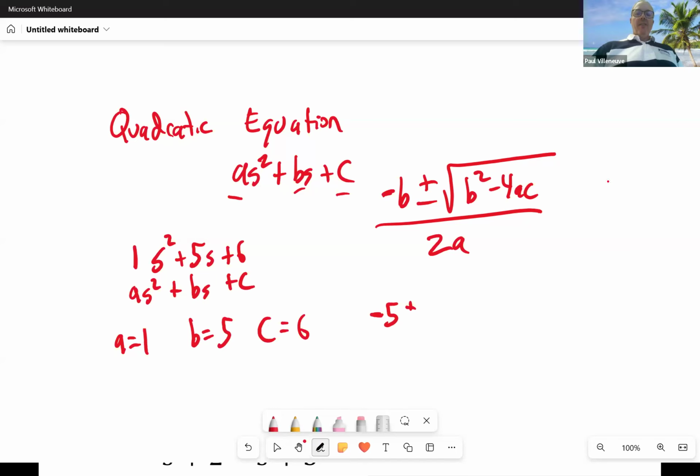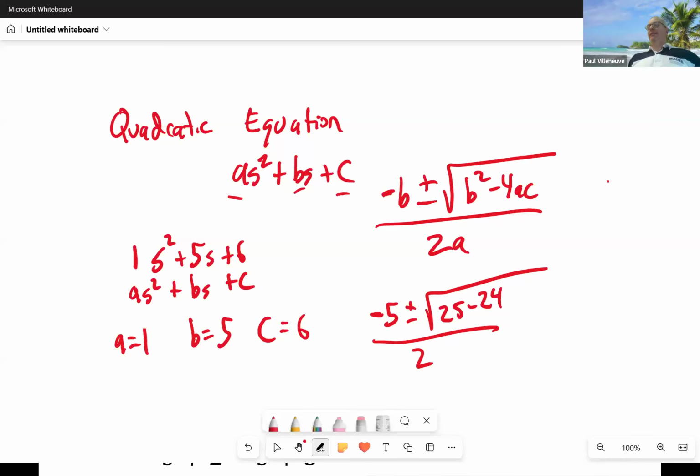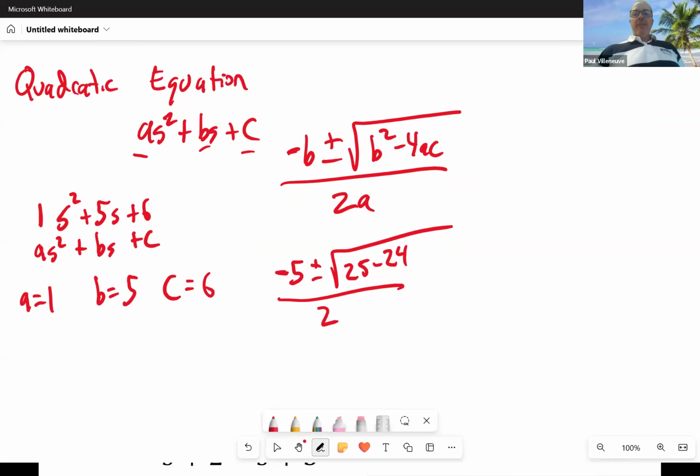Negative 5 plus or minus the square root of 5 squared, which is 25, minus 4 times A, which is 1, times C, which is 6, minus 24, all over 2 times A. So that's going to be equal to negative 5 plus or minus, what's the square root of 1 equal to? Just 1, right? All over 2.